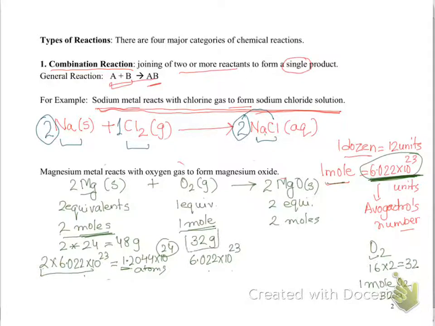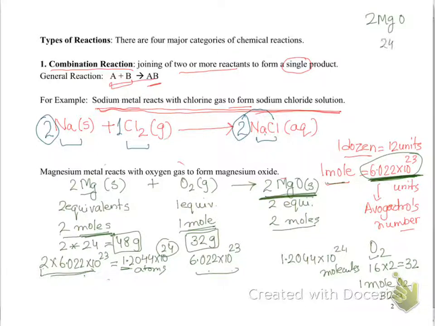The next one is producing 2 moles of magnesium oxide, meaning 2 times Avogadro's number gives me 1.2044 times 10 to the 24th molecules of magnesium oxide. But how many grams? So look here, I have to find the molar mass for 2 MgO.